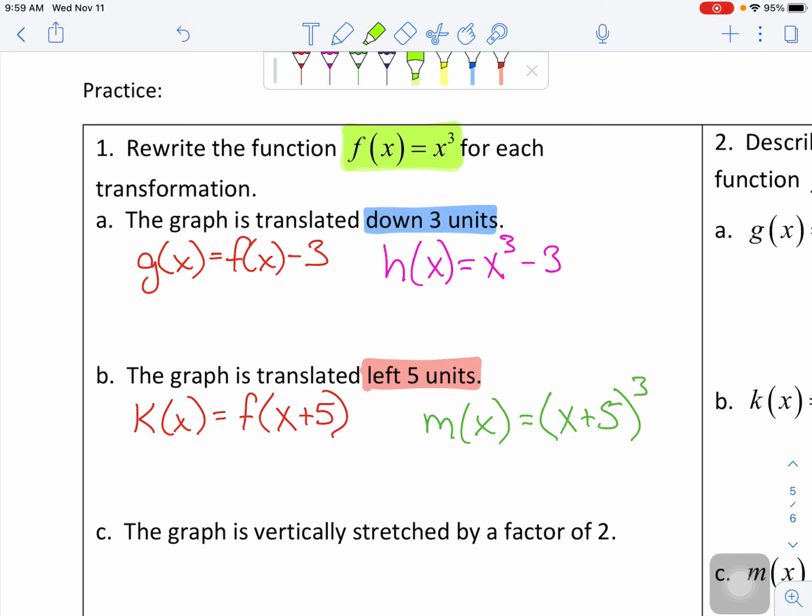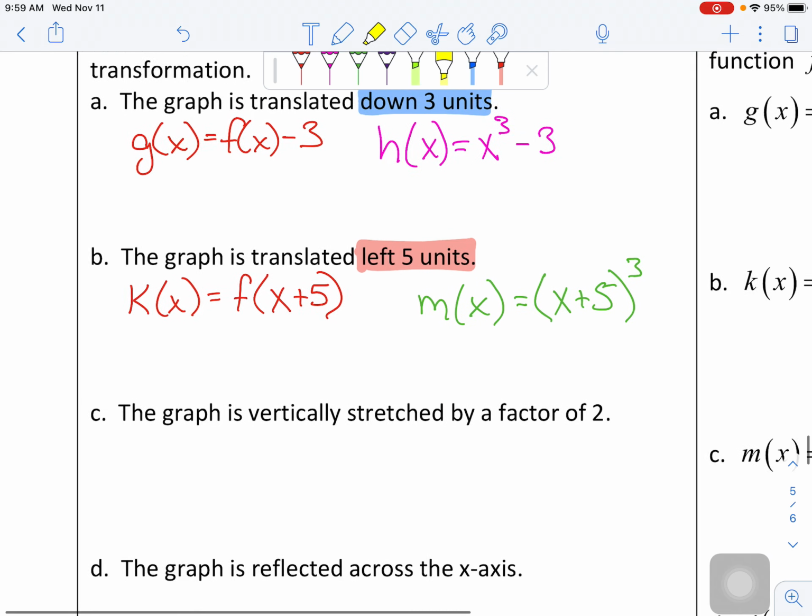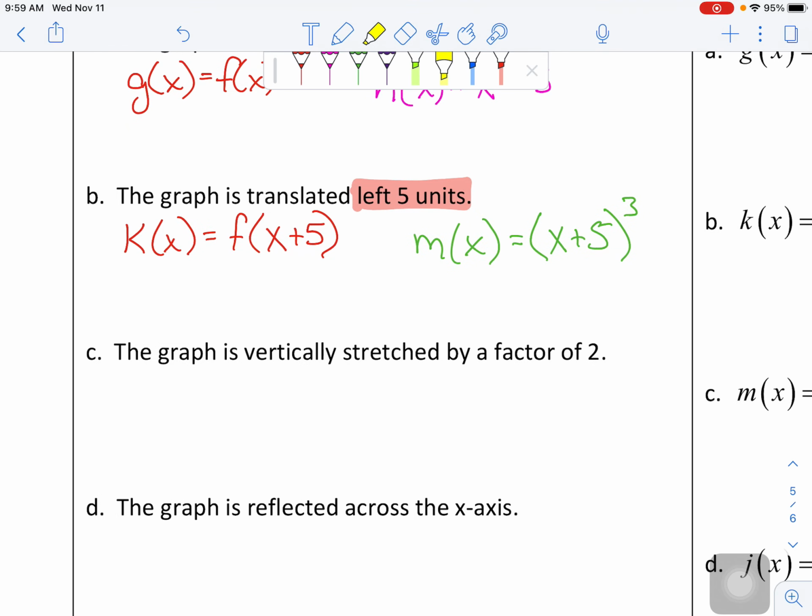Okay, so now part C. The graph is vertically stretched by a factor of 2. So any kind of vertical change is going to happen outside of the function. So let's call this w of x is going to equal, we're going to vertically stretch by 2.